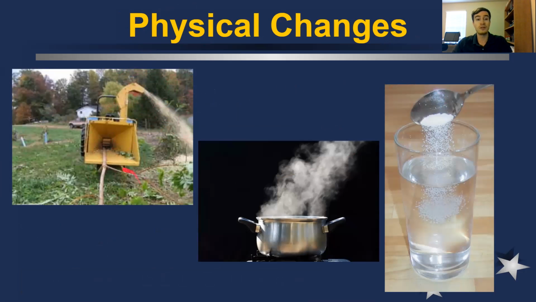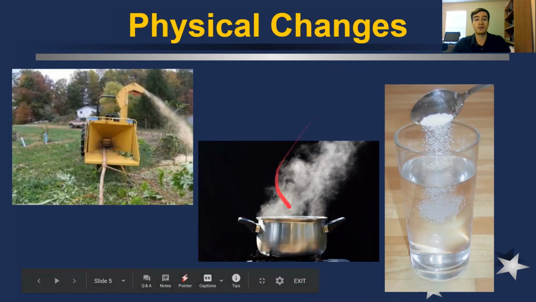We haven't turned the wood into some new chemical or some new compound. It went in as wood, it's coming out as wood. It just happened to go in as one big solid piece of wood, and now it's coming out as millions of tiny flecks of wood. So this is a physical change. The wood looks different over here than the branches going in over here, but it's still the same object.